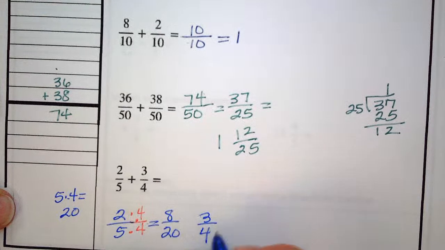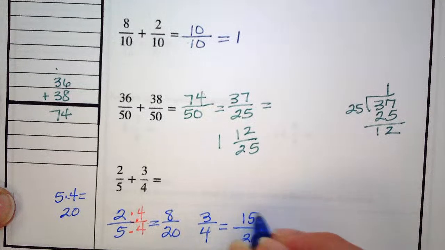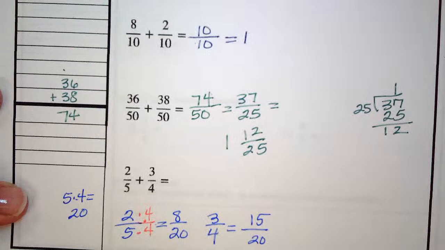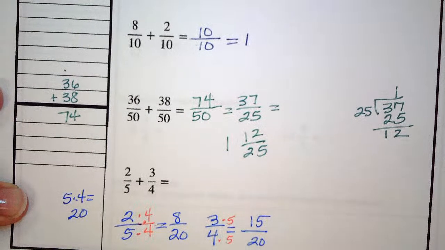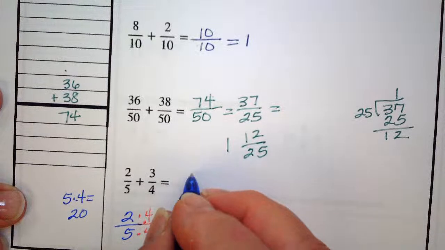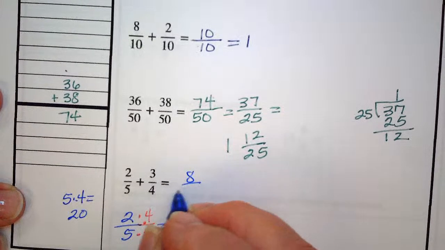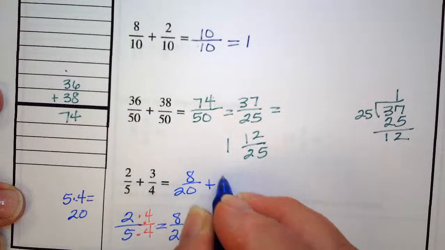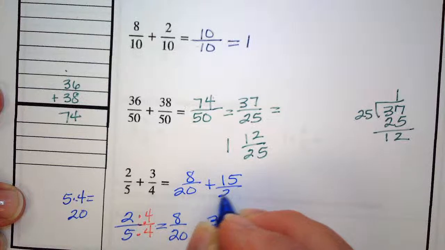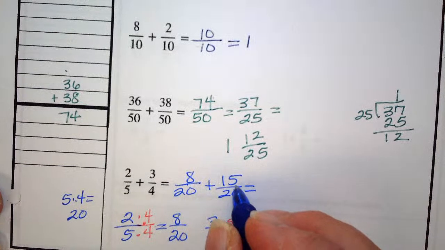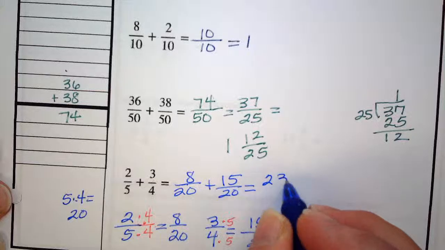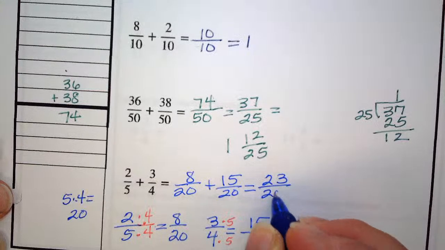3 over 4 equals what over 20? I'm multiplying by 5. 3 times 5 is 15. Okay, so this now becomes 8 over 20 plus 15 over 20. 8 plus 15 is 23 over 20.